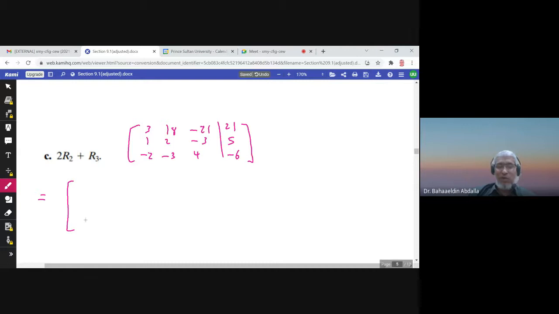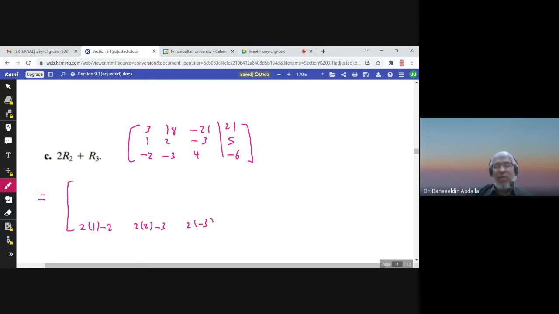So 2 times 1, which is in R2, plus R3, which is negative 2. We do this for every element in row 3. So 2 times 2, which is this one, minus 3. 2 times negative 3.